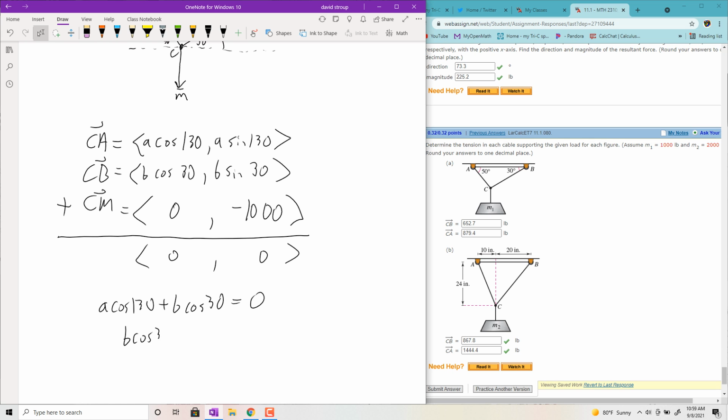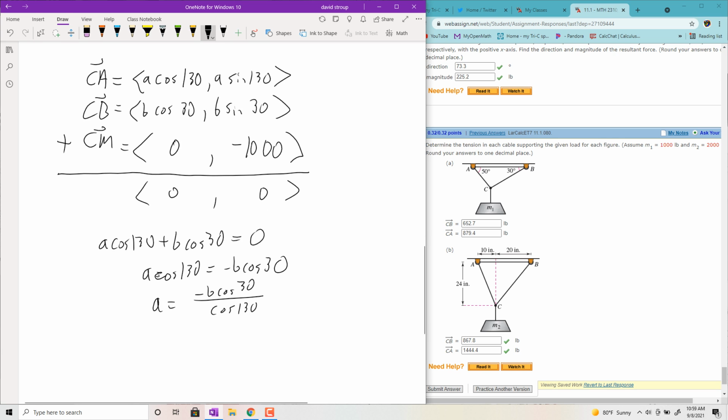B cosine 30 equals negative A. Let's solve for A instead, because that's what I did in my notes. A cosine of 130 equals negative B cosine of 30. And then, of course, A equals negative B cosine of 30 all over cosine of 130.